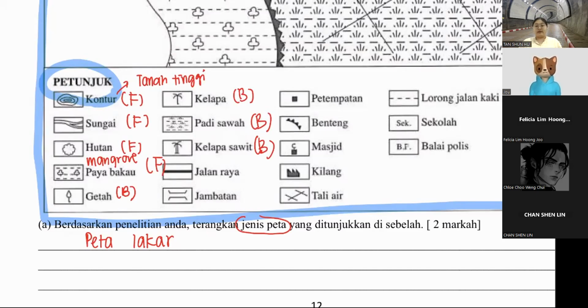How about the leftover? Jalan raya, jambatan, pertempatan, benteng, masjid, kilang, tali air, all are what? Man-made things. Lorong jalan kaki, sekolah, balai polis, everything are budaya, man-made. Okay, can.